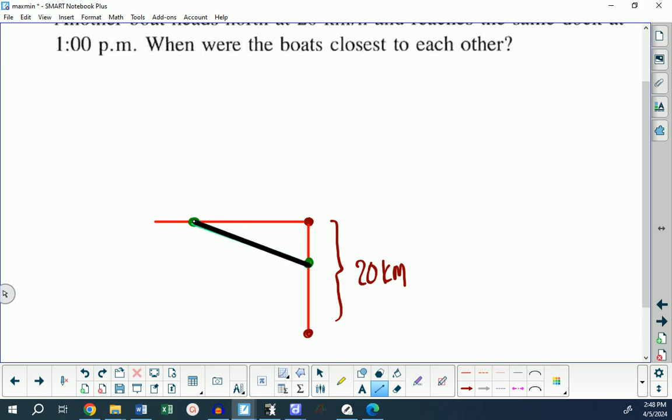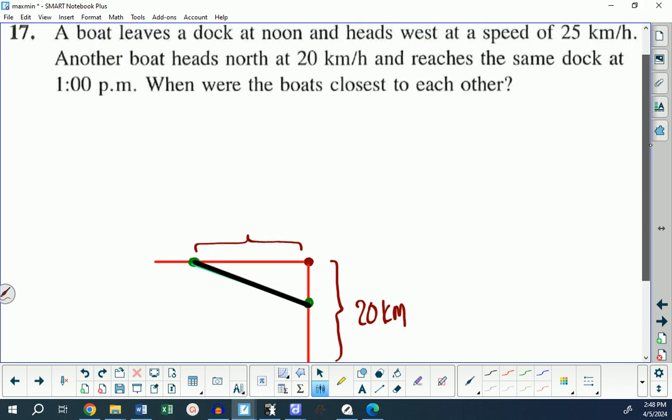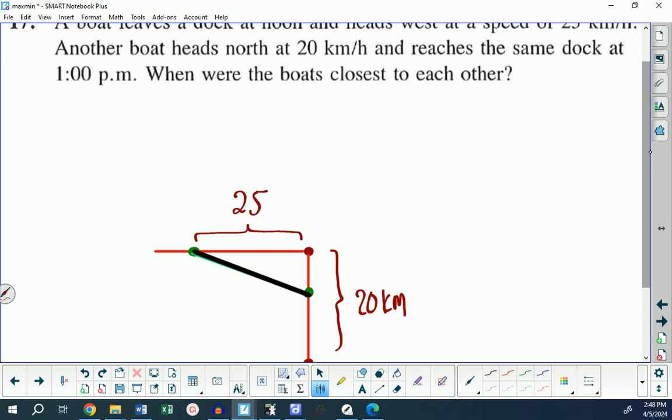Good. So how do we define that distance? Well, the first time I saw this, it took me a while to figure out what to do. This distance is 25t. It's 25 kilometers per hour multiplied by however many hours we're talking about.